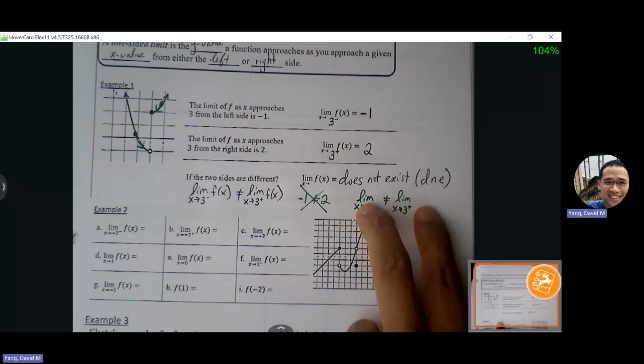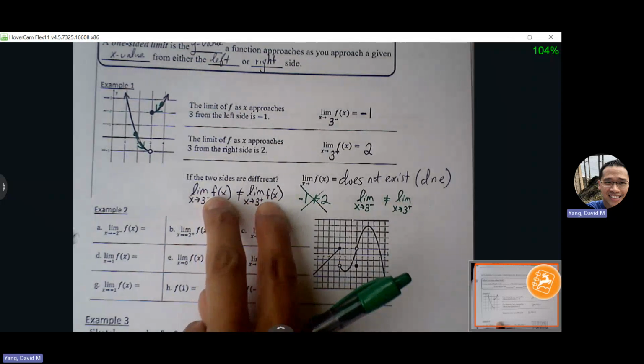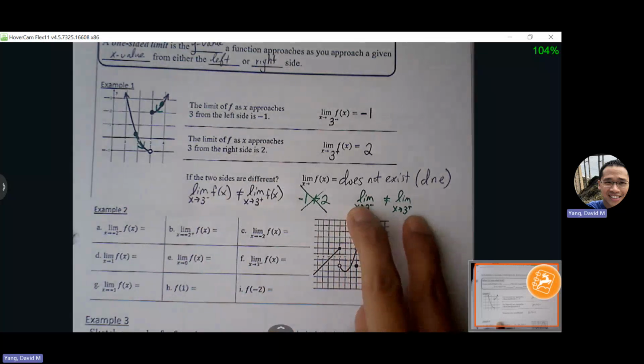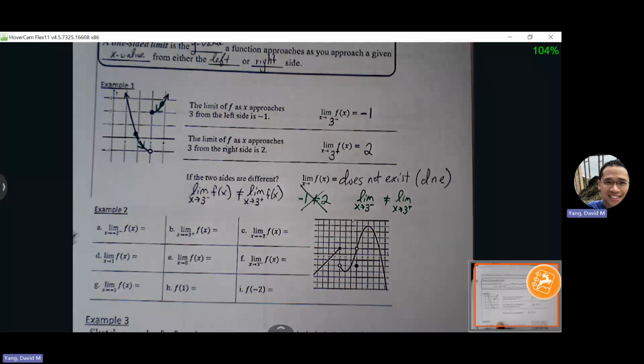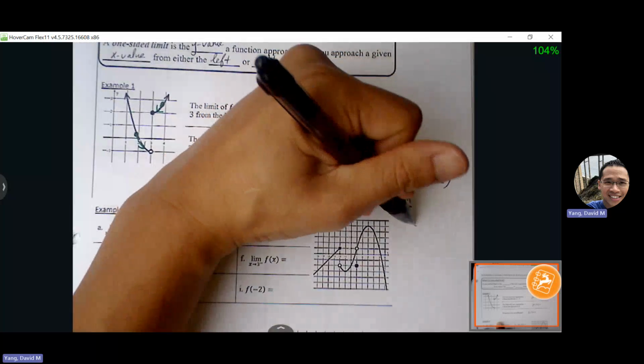We need to say that we're talking about the one-sided limit of some function or some expression. We have to name it. We have to indicate either the expression or the name of the function. We have to call that f of x. So I know this is the way that we say it, but this is not the way that we're going to write it. This is also incorrect notation.